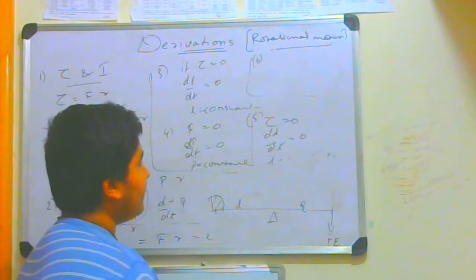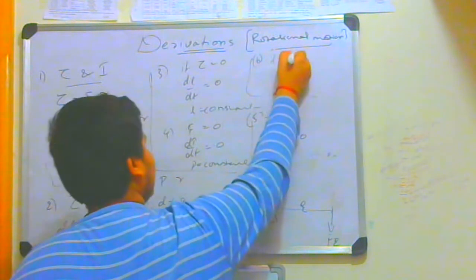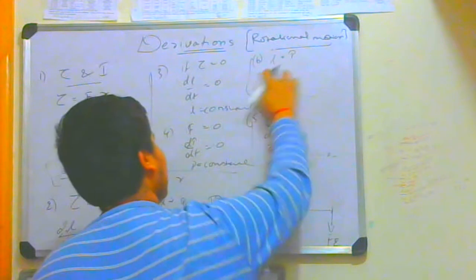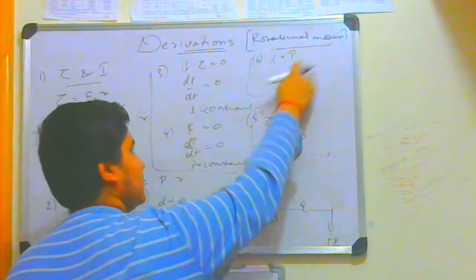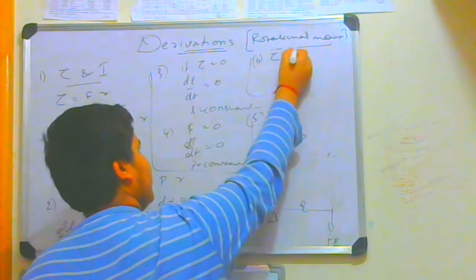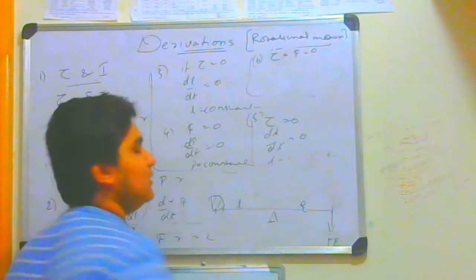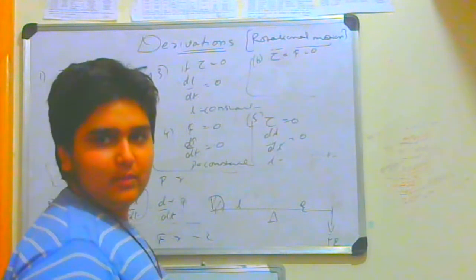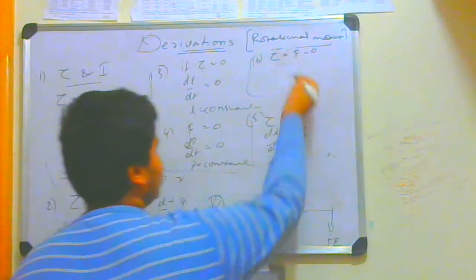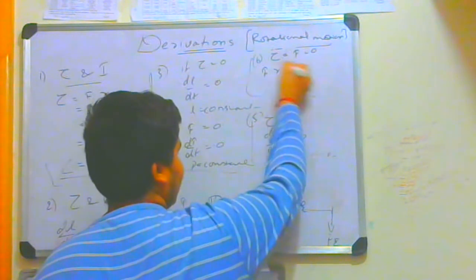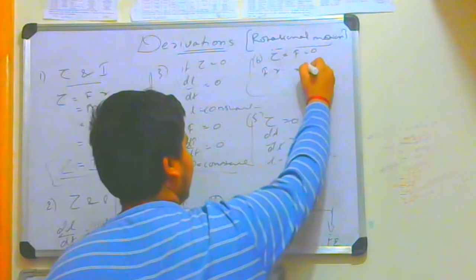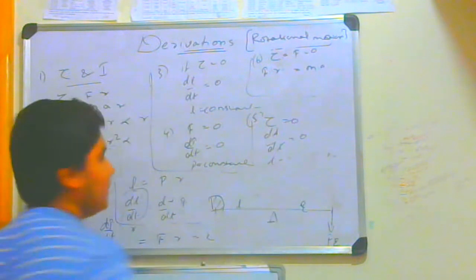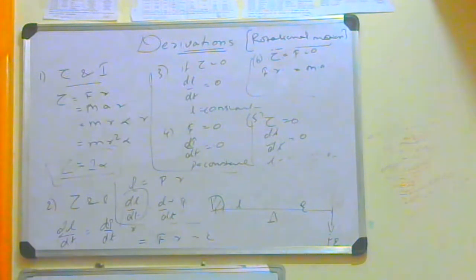Then I can say L equals P times R. Or you can write it this way: tau equals force equals 0. That is the same, rotational and translational equilibrium. So all these are 0. Tau is what? Tau is force into R. Equals force, what is force? Mass into acceleration. Or you can write it in one more way, I guess.